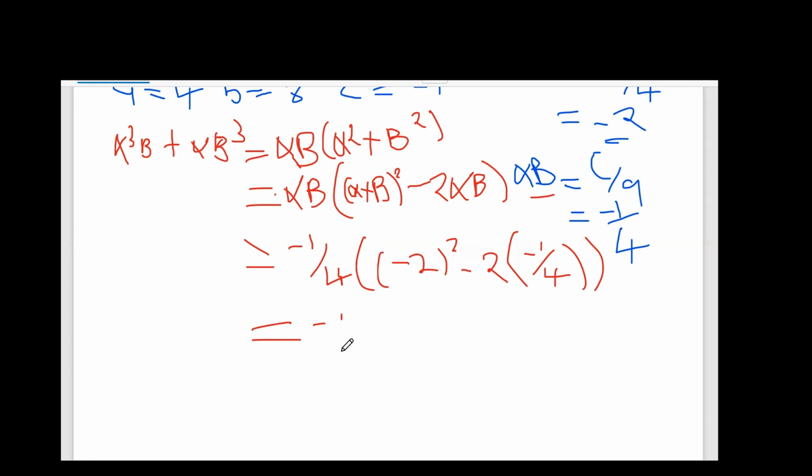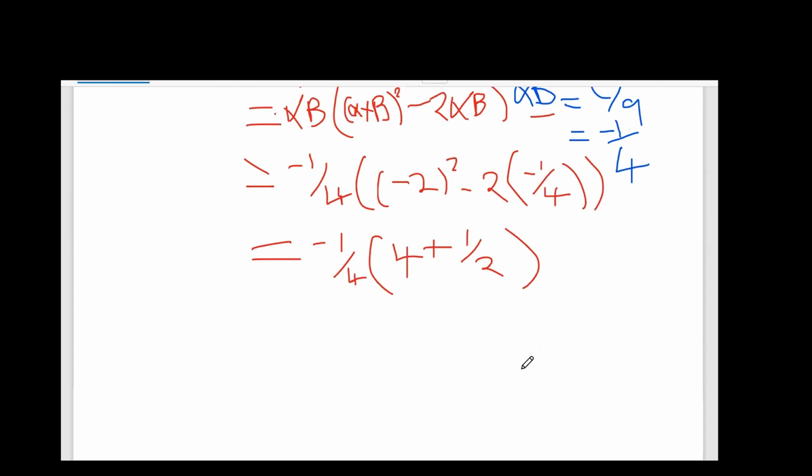Here we still have 1/4. Then inside here, what do we have? We have 4 there. Then here you have a minus, and there a minus. When you multiply them, inside here you just find that it's positive 1/2. Then you add them.